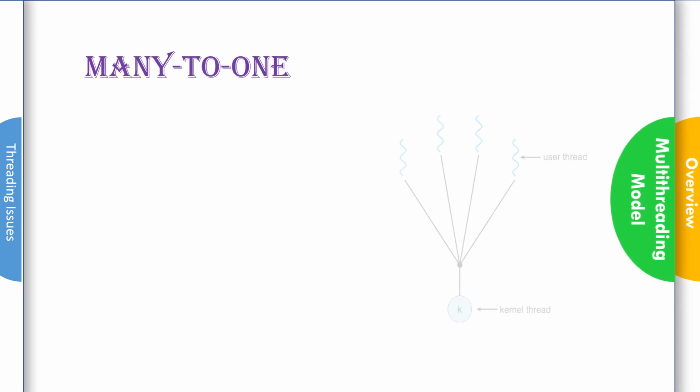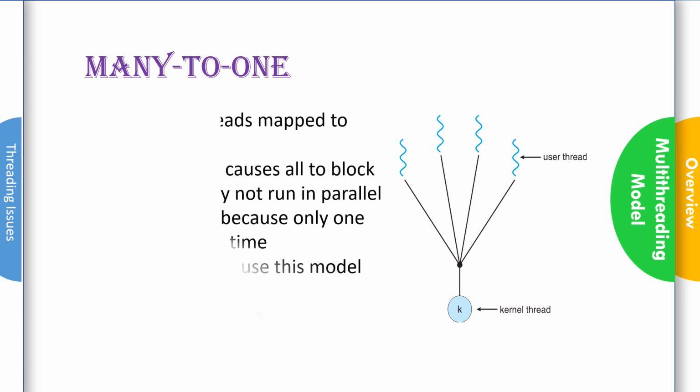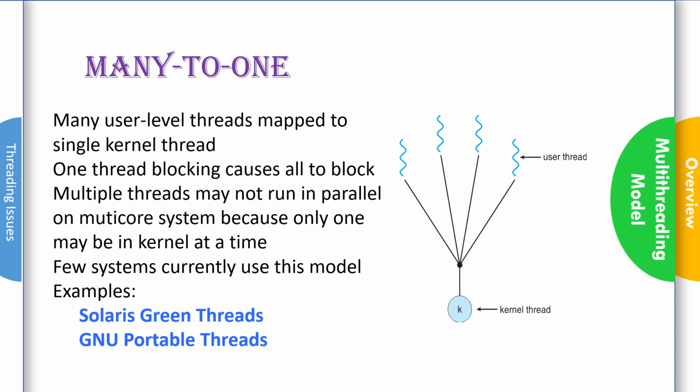many to one. Many to one means multiple user level threads are mapped to a single kernel level thread. So many user level threads and one kernel thread. That's why it is many to one. So what is the advantage or disadvantage of this?